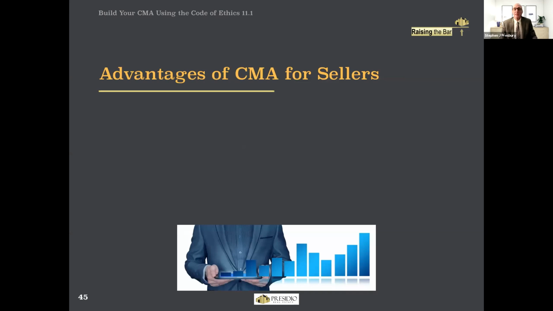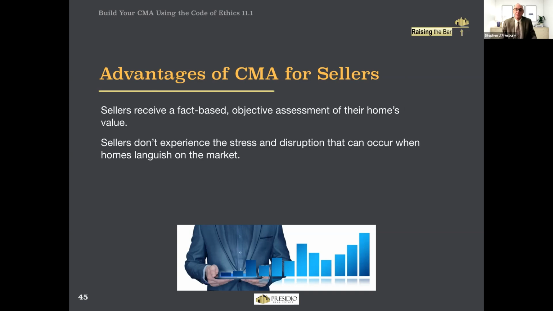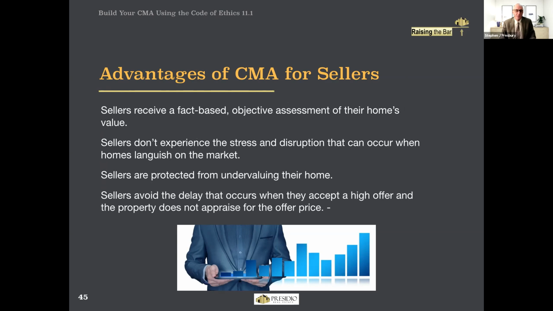So some of the advantages for sellers, I've just highlighted these for you so you can jot them down when you're working with a seller. The seller receives a fact-based objective assessment of the home's value. Sellers don't experience the stress and disruption that can occur when homes languish on the market. Sellers are protected from undervaluing their home, and sellers avoid the delay that occurs when they accept a high offer and then the property doesn't appraise for the offer price.